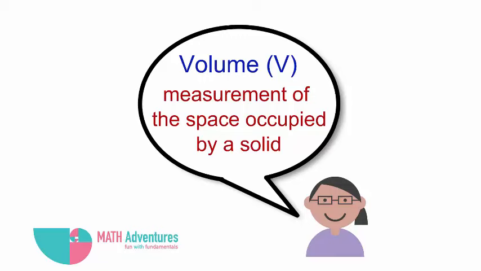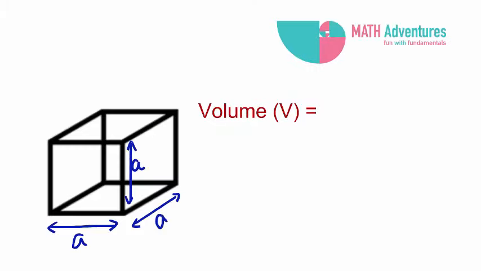Volume is the measurement of the space enclosed by a solid. You are provided with standard cubes of volume 1 cubic inch. The volume of each cube is 1 cubic inch. So, if you fill your cube with standard cubes, you can find its volume.